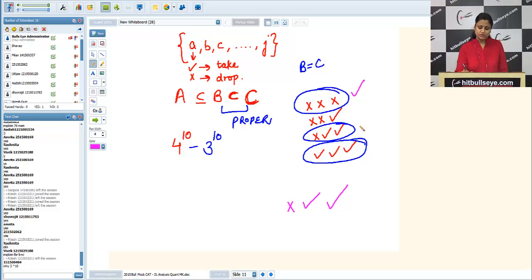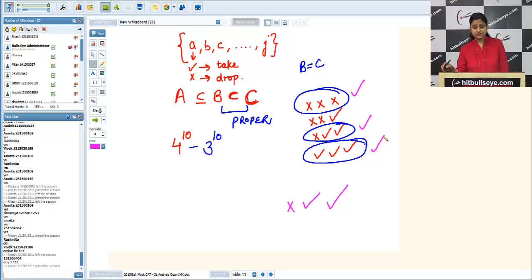In these blue encircled cases or the pink ticked cases, B is equal to C, but B cannot be equal to C because B is a proper subset of C. So B cannot be phi, I mean the empty set, and B cannot be equal to C. Is it okay, Vivek?